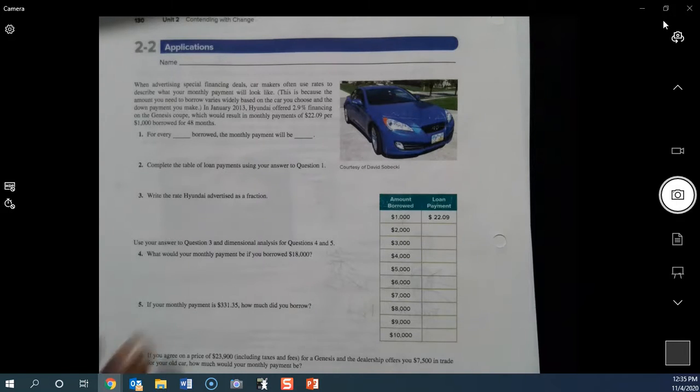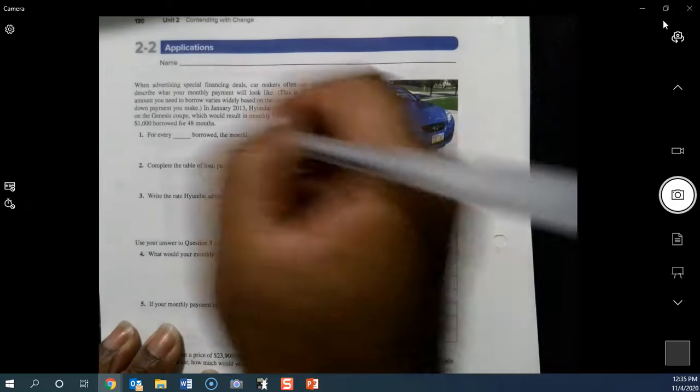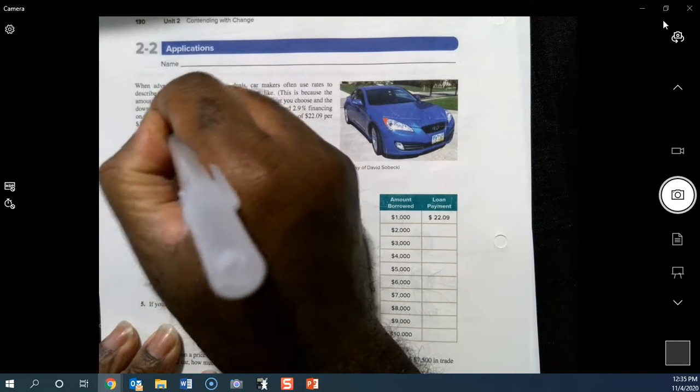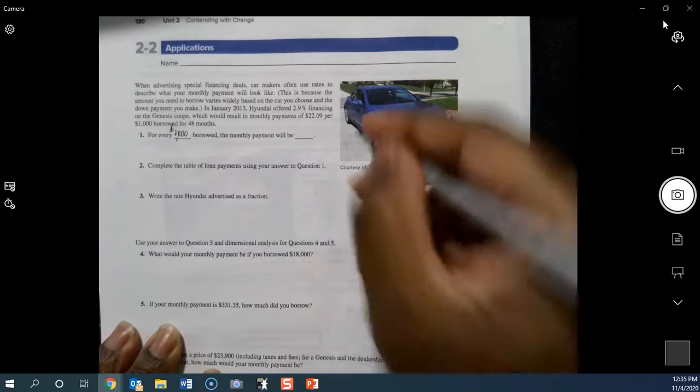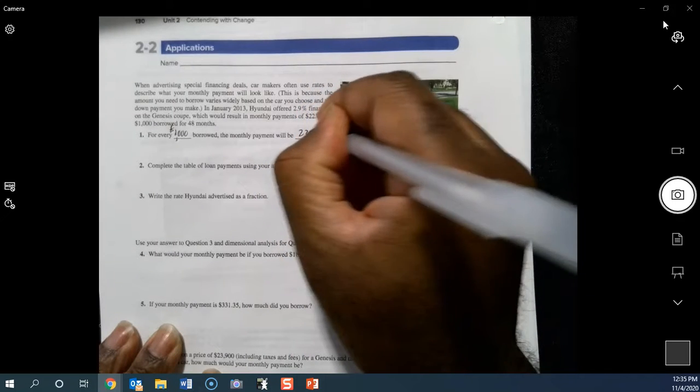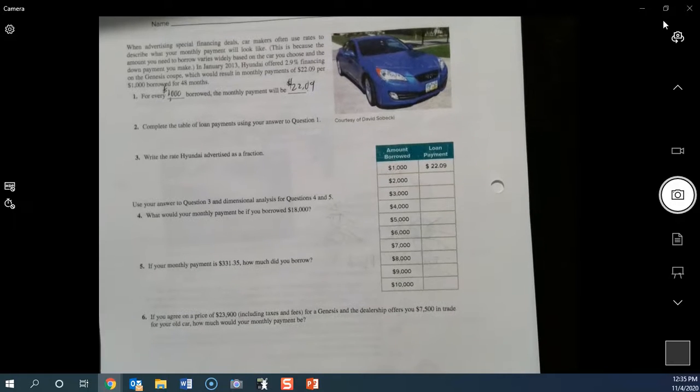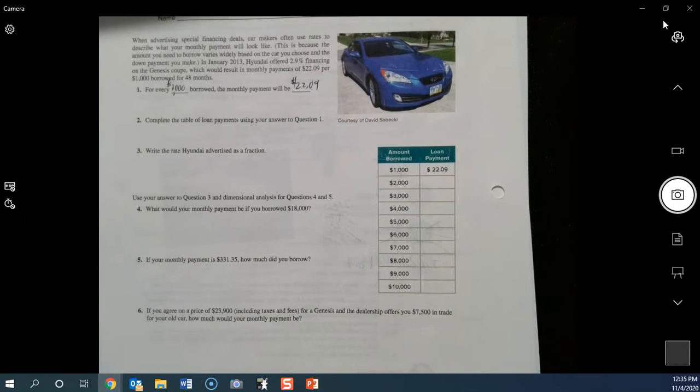So, for every $1,000 borrowed, the monthly payment will be $22.09. Now, the last thing we're going to do here is complete this table.